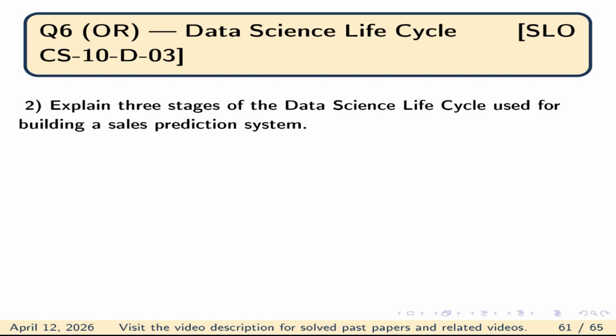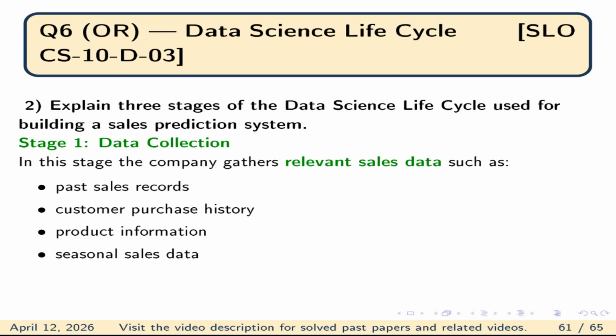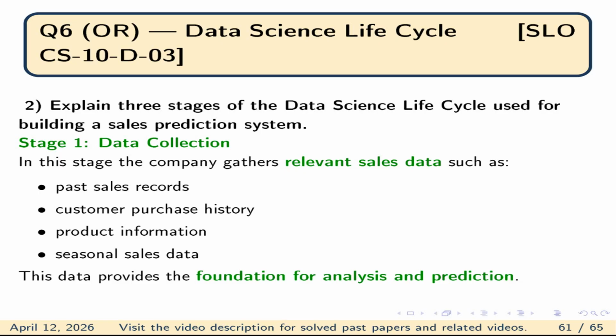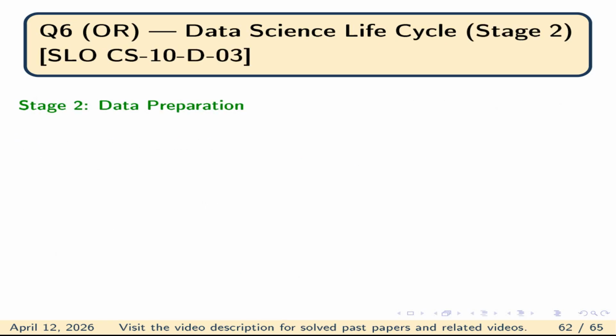Explain three stages of the data science life cycle used for building a sales prediction system. Stage 1 is data collection. In this stage, the company gathers relevant sales data such as past sales records, customer purchase history, product information, and seasonal sales data. This data provides the foundation for analysis and prediction.